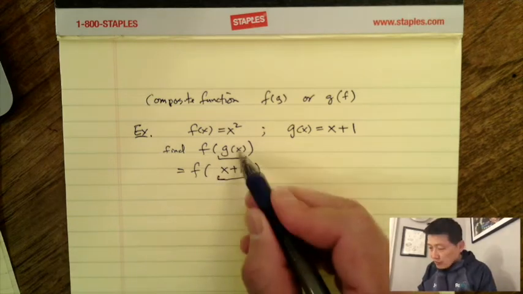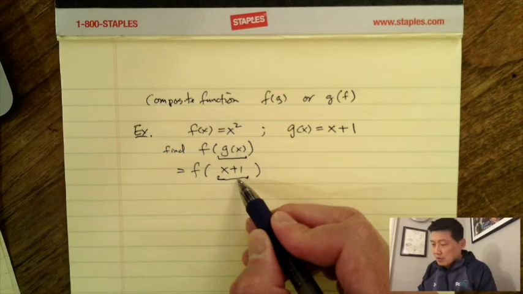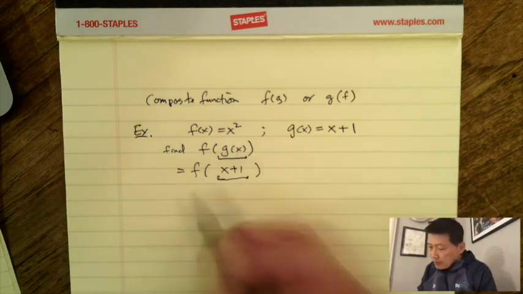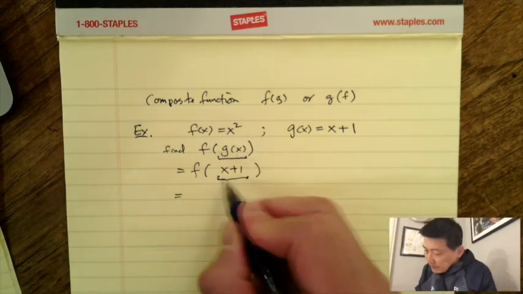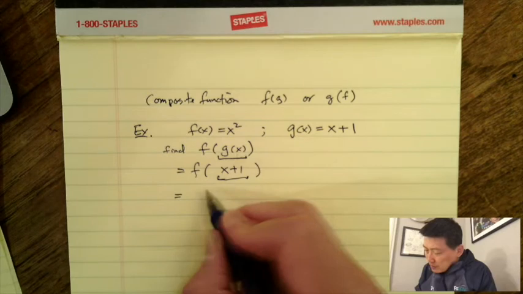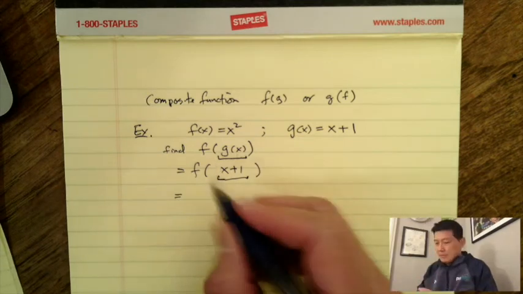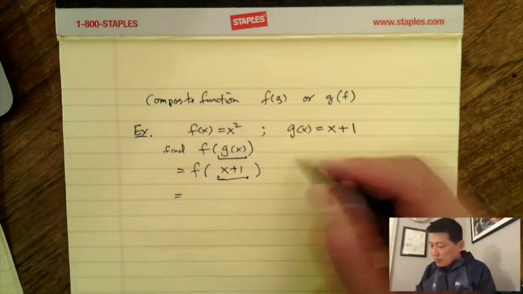So now, instead of f of x, you are applying f of x plus 1. So when you have f of x plus 1, you think of it this way.